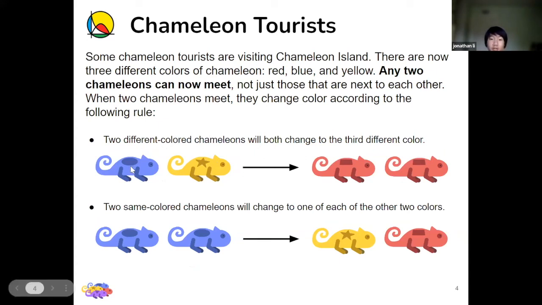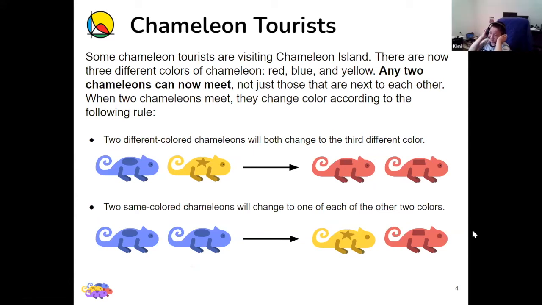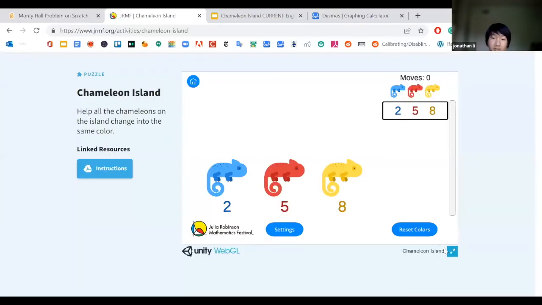If there are 2 different colored ones, they'll change to the 3rd color. And if there are 2 chameleons of the same color, they'll change to the 2 other colors. So this is a bit more complicated. Does everyone get this? Maybe. We'll give it a try first and see if that improves your understanding.